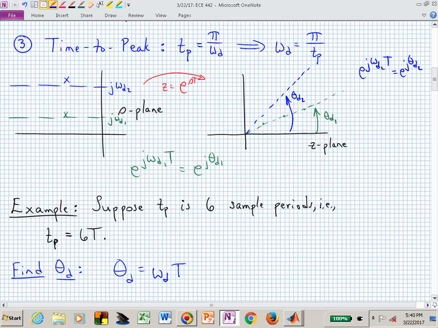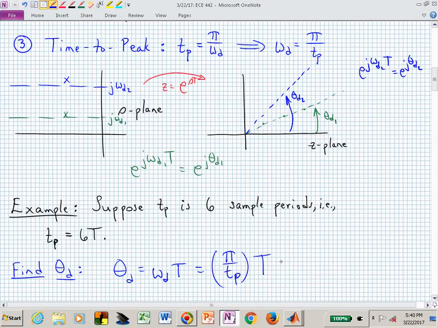Hopefully we remember that theta sub d is omega sub d T, and what is omega sub d T in terms of time to peak? Up above, we have omega sub d as pi over time to peak. So if we substitute that into theta sub d, we now have pi over time to peak times the sample period.